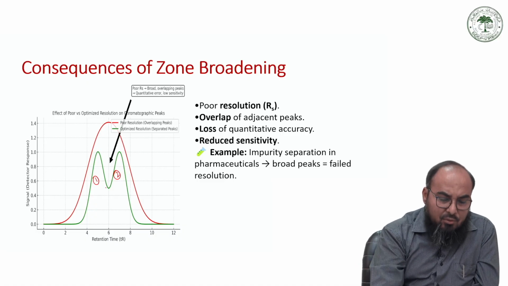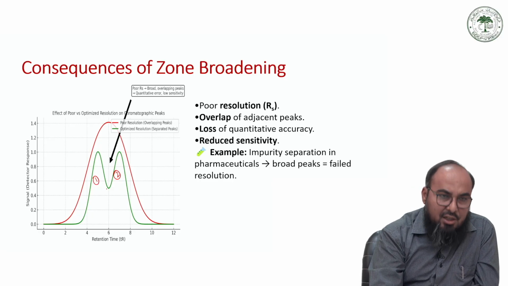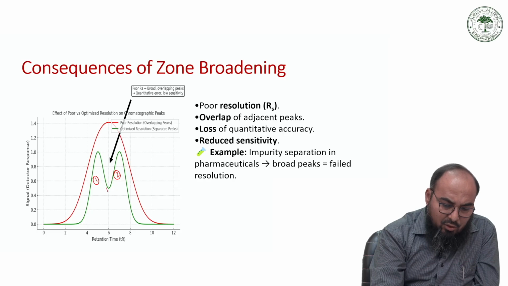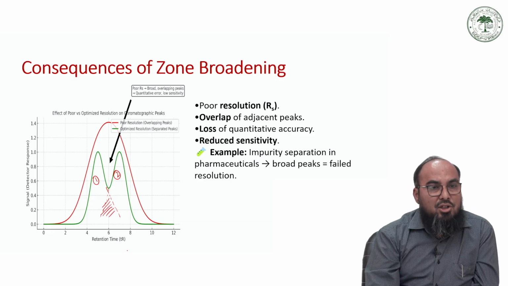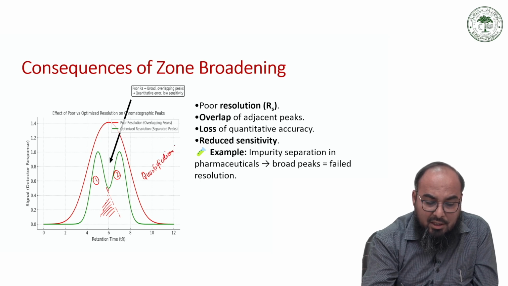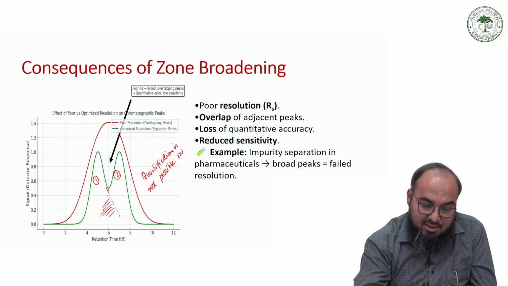So you cannot have a good resolution. Resolution is not good and you cannot quantify, because if you extrapolate like this and like this, this area becomes common. Quantification is not possible in overlapping peaks.